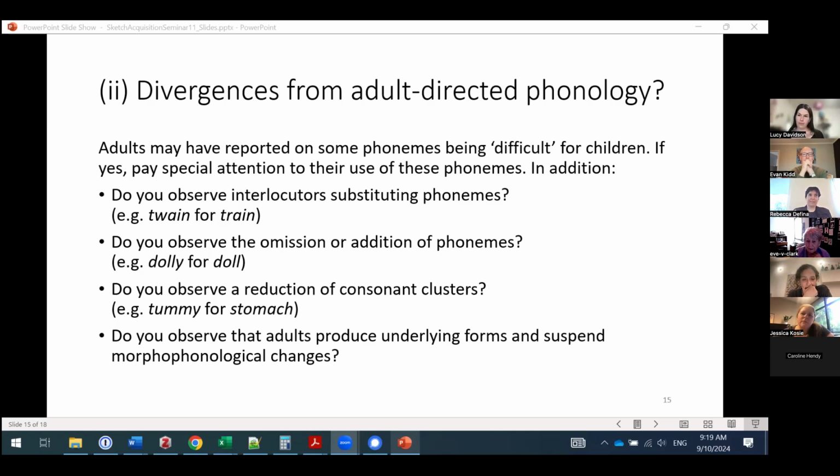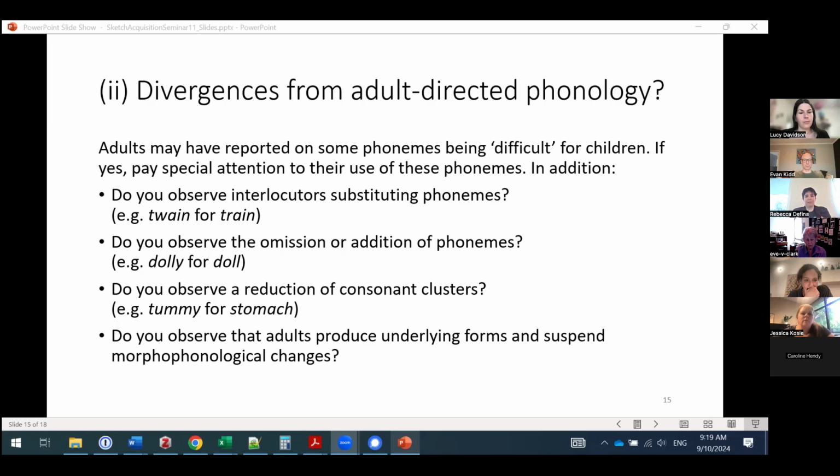So this is really common in the Pindara baby talk, but it's also in English. So you get twain for train, and you get omission or addition of phonemes, so dolly for doll, and reduction of consonant clusters, tummy for stomach.